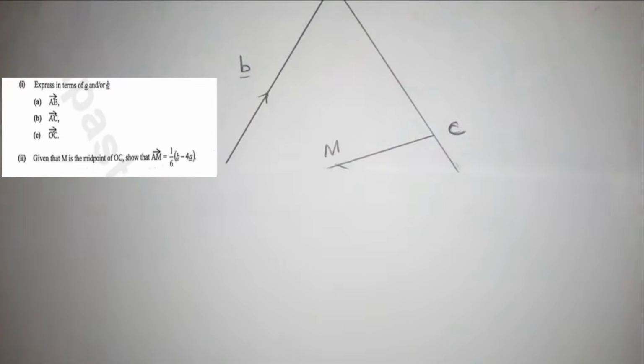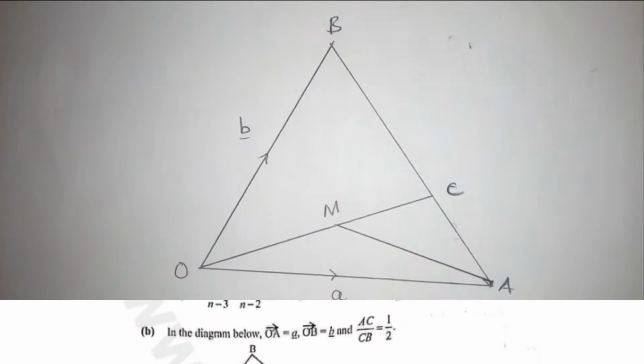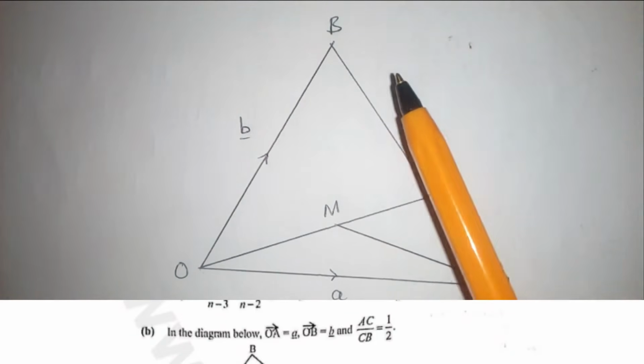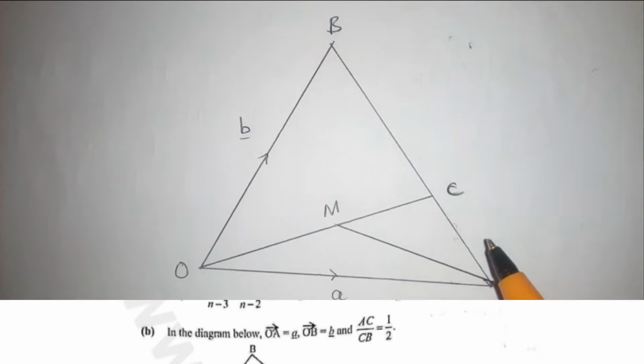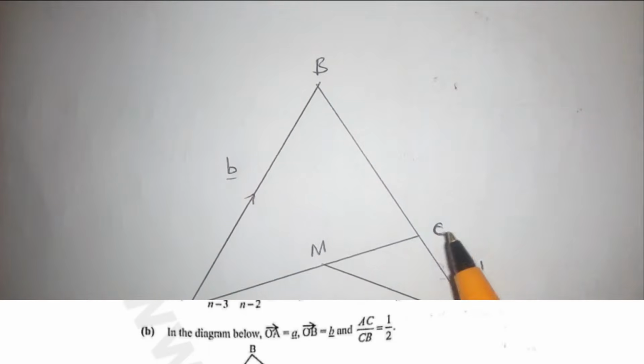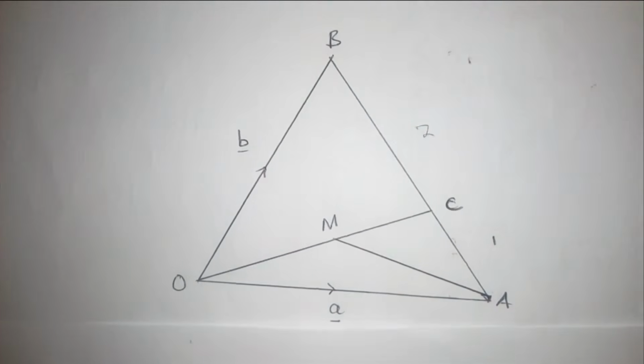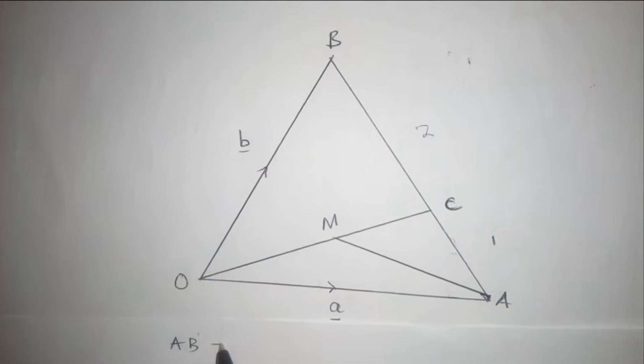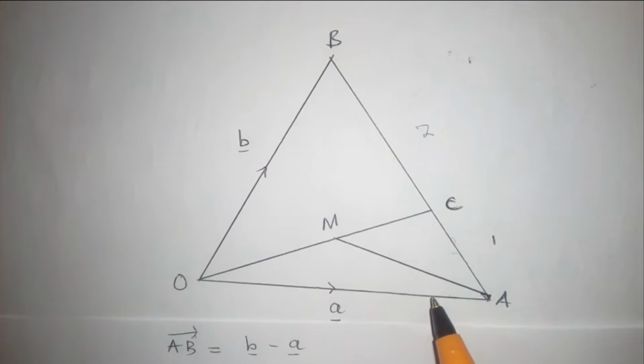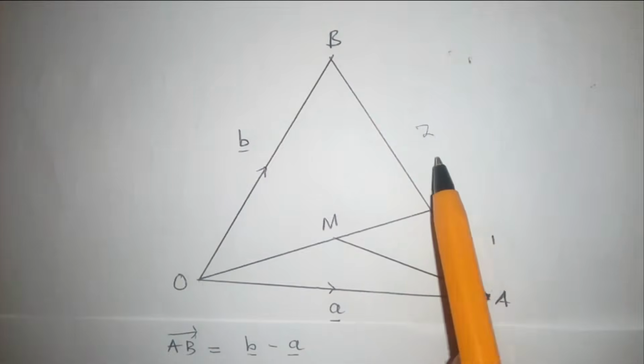So ratios here, remember, we've been taught in the question that AC is being represented by 1 and this one is 2. So the scalar which is here is 2, here there is 1. So since we have found in question 1 that vector AB is equal to B minus A, what we do here is add these constants.